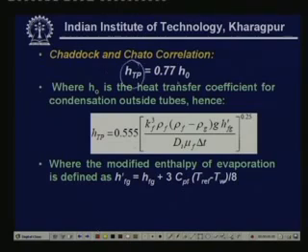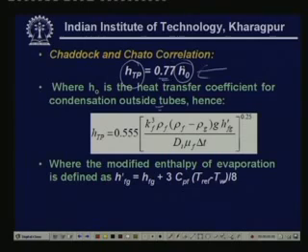This is equated to h naught, where h naught is the heat transfer coefficient for condensation outside the tubes. That means you can use Nusselt's correlation or Kirkbride's correlation and estimate h naught, which is nothing but the condensation heat transfer coefficient outside the tubes. Then the condensation heat transfer coefficient inside the tube is equal to 0.77 multiplied by h naught.